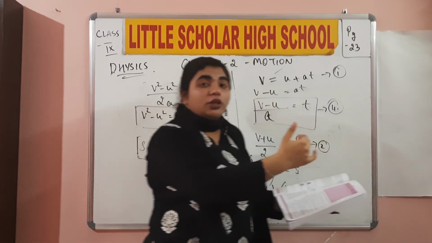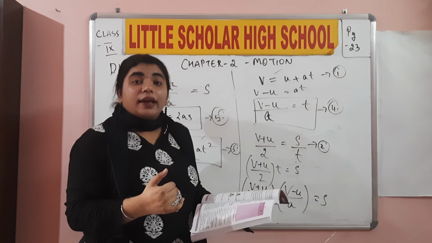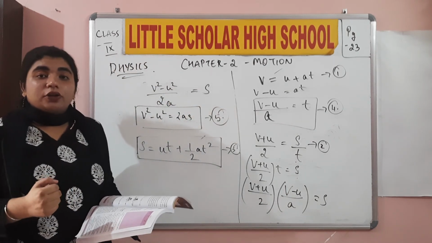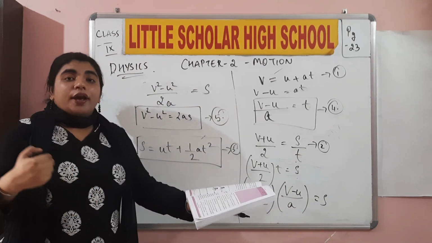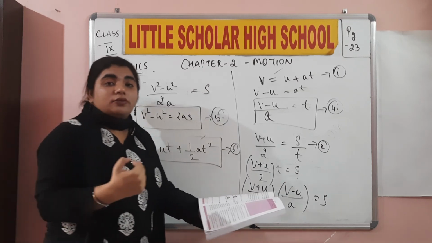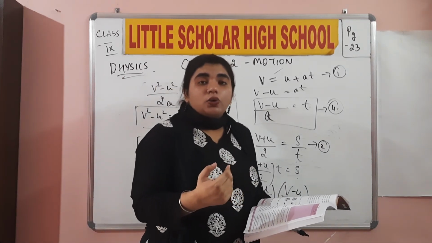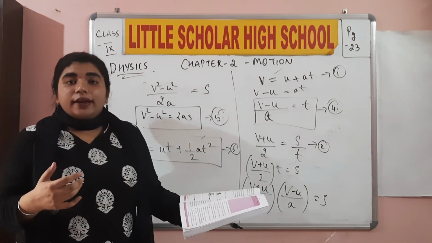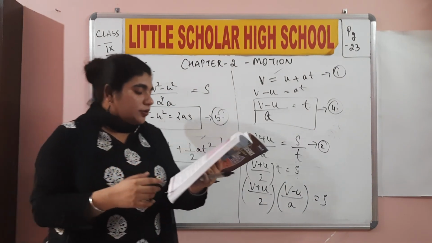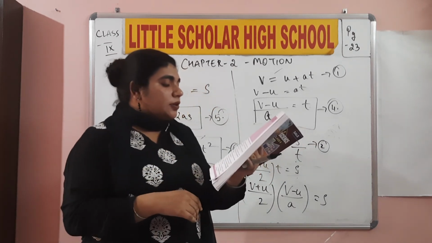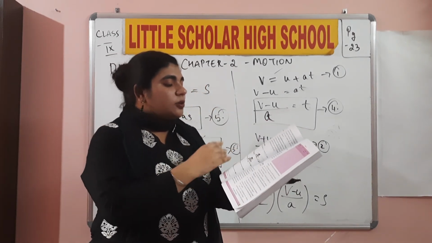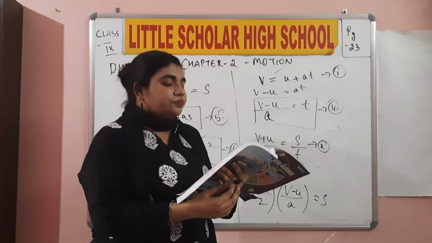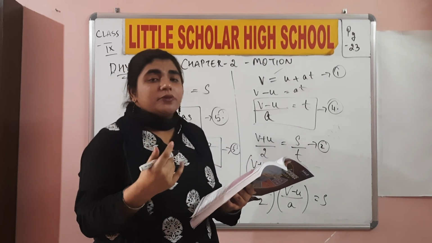If I come back to the origin, this means I am undergoing negative velocity. If I am at this position and this is the origin and I move towards the origin, then I am undergoing positive velocity. If I go away from the origin, then I am undergoing negative velocity. That is what the person is trying to tell over here. You can look at the pictures and definitely understand. Once we do the problems, it becomes much easier.